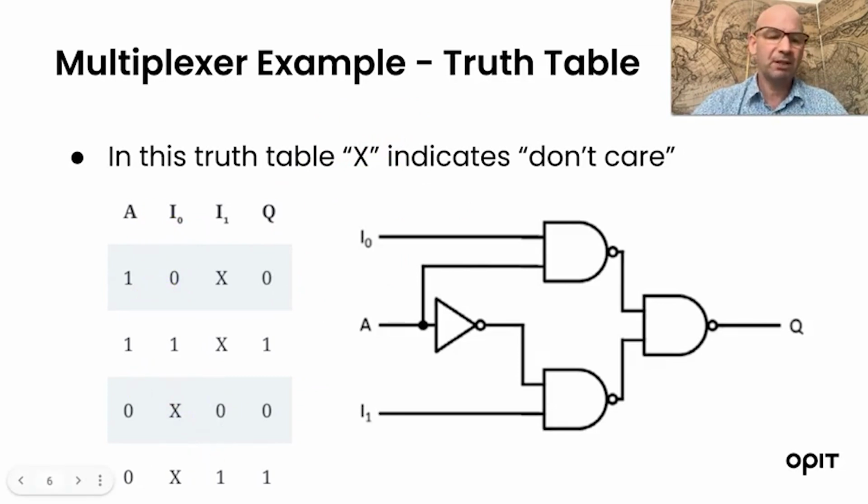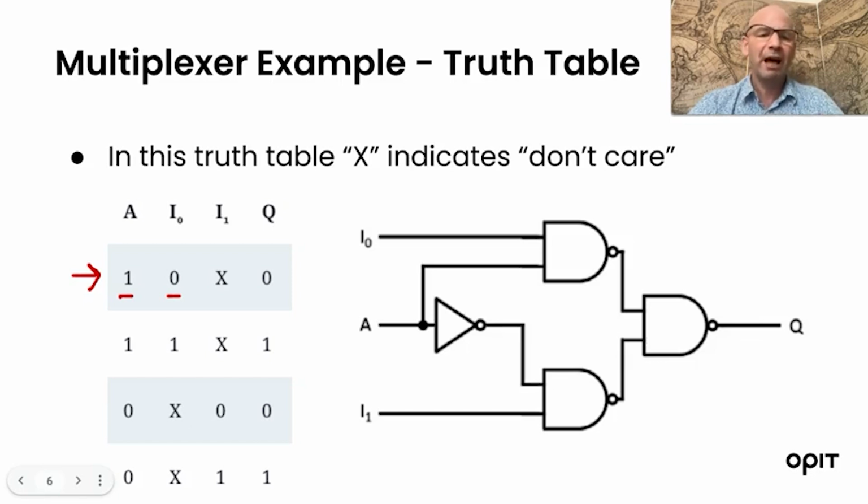I find that the best thing to do is to get out your pencil or your drawing tool or whatever tool you have and just work your way through. Starting with the first row of our truth table, A is equal to 1, I0 is equal to 0, and I1 we don't care, so we put an X there.